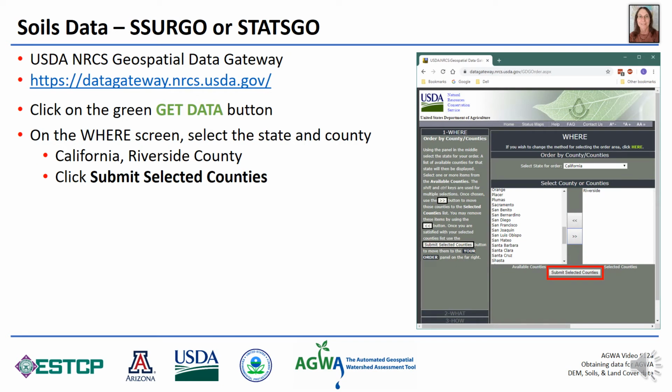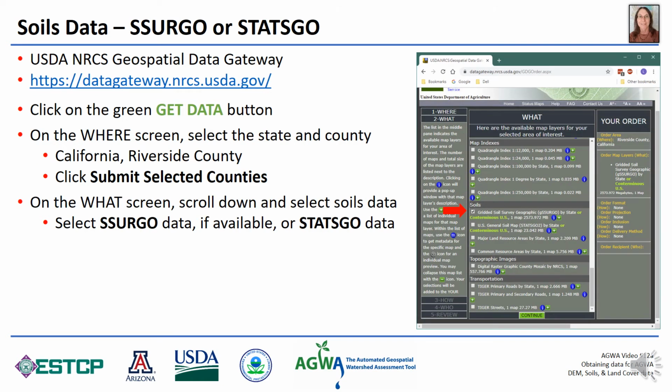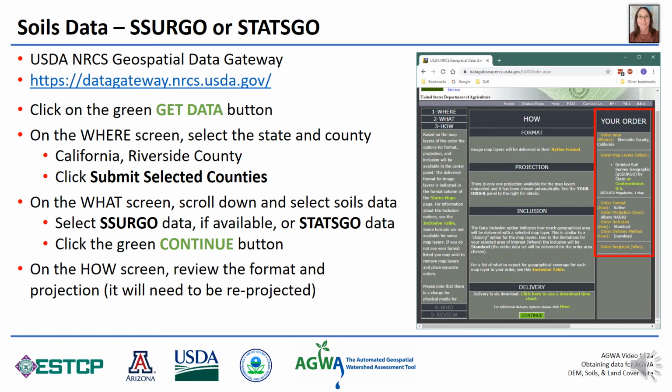Then click the Submit Selected Counties button. On the What screen, scroll down to select the type of soils data. If it's available, select the SSURGO data, the Soil Survey Geographic database. Otherwise, select STATSGO.